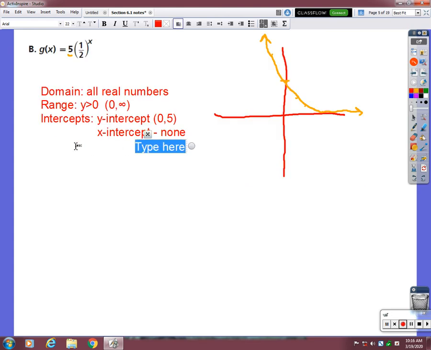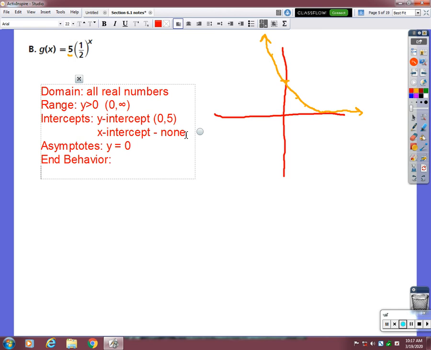Asymptotes. This one has the same asymptote as the other one, which is y equals 0. And then the end behavior is the same as the other graph also, except for now it is flipped around.